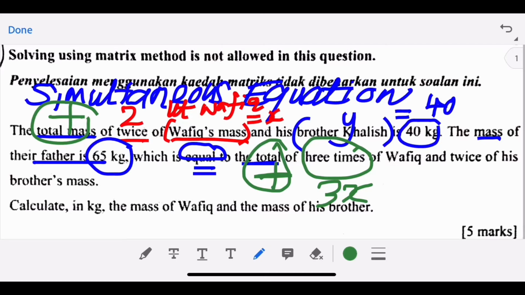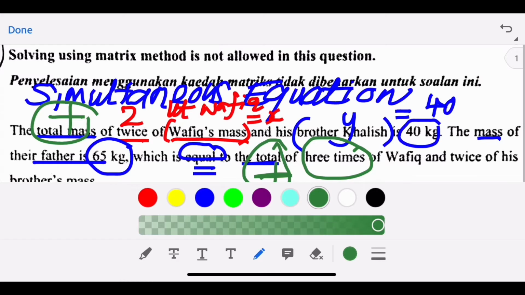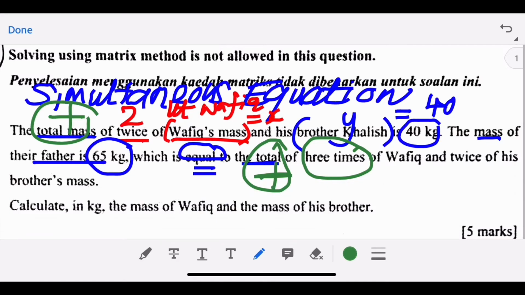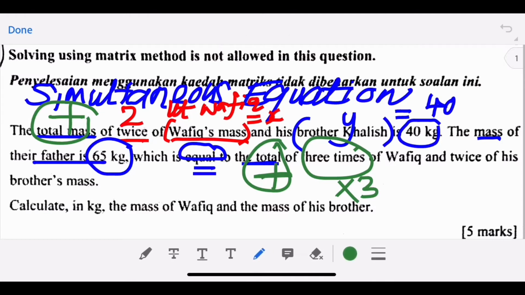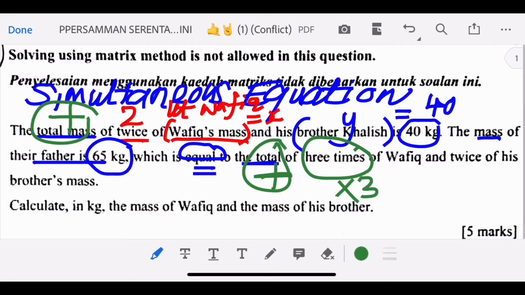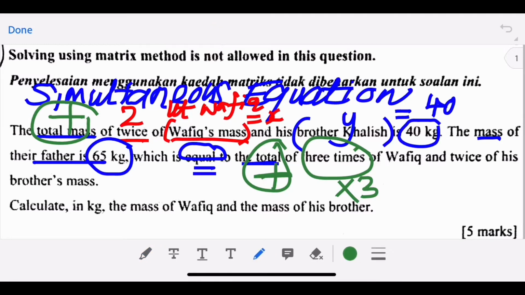So you write another equation, 3x plus 2y is equal to the father's mass, which is 65 kg. That is basically how you convert the sentences given into equations.